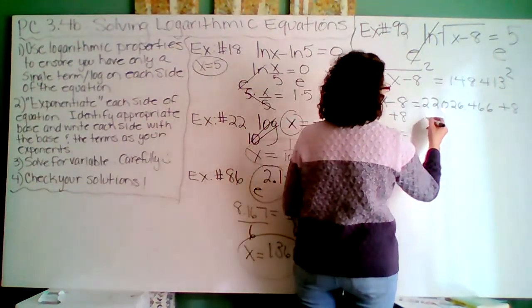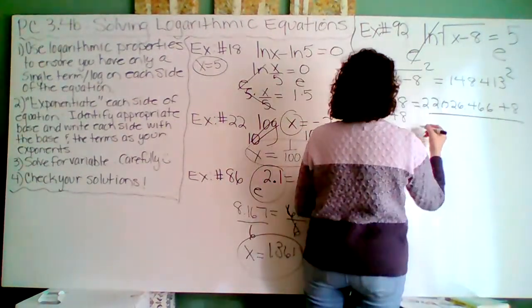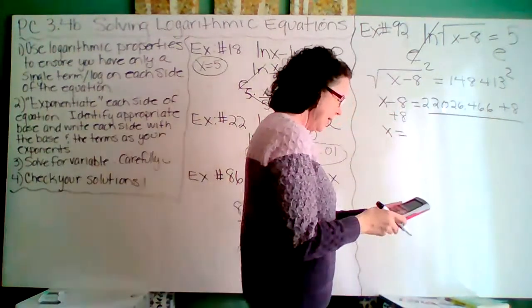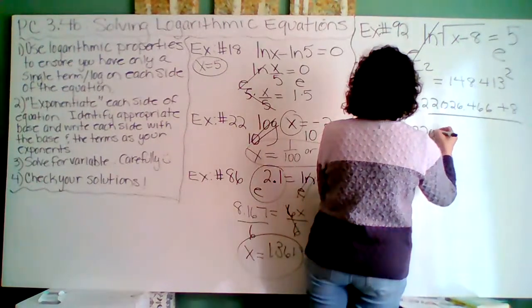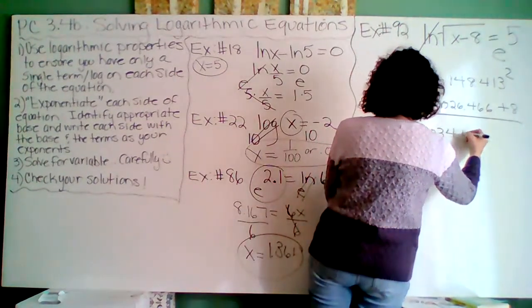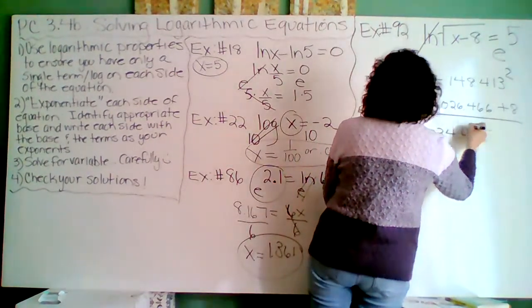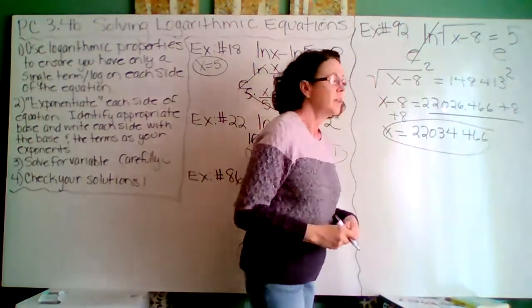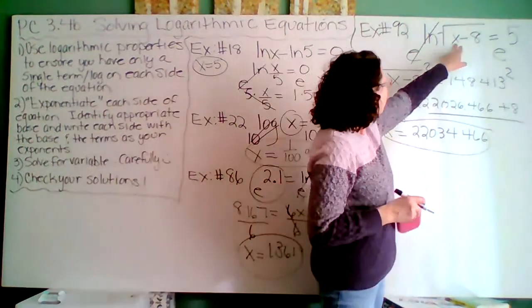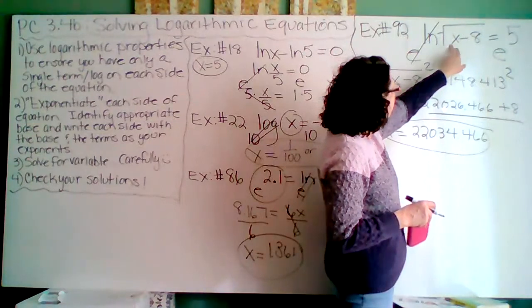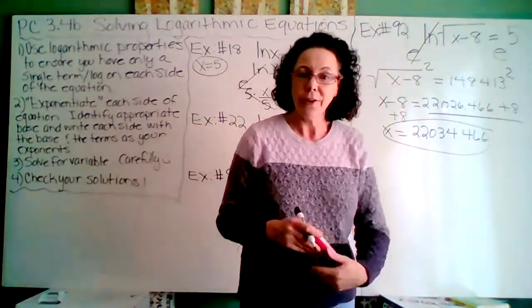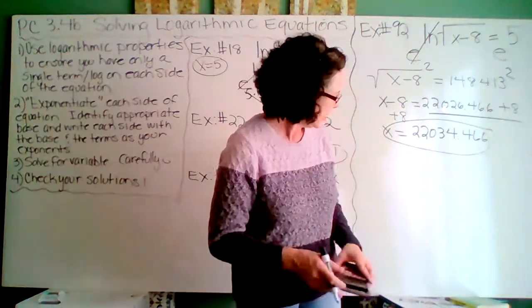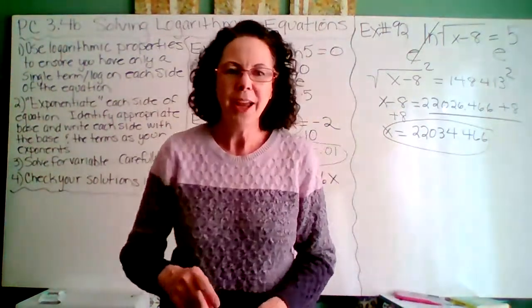Might as well just put it in the calculator since it's already in my hand. There we go. If you put this large number in for x, subtract 8, take the square root, and take the natural log, you will in fact get very close to 5. So that is 3.4b. I hope you have a great day.